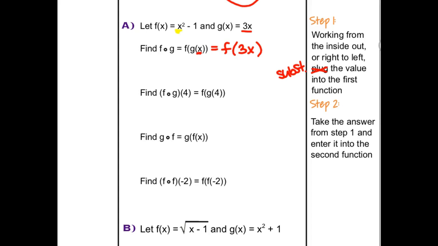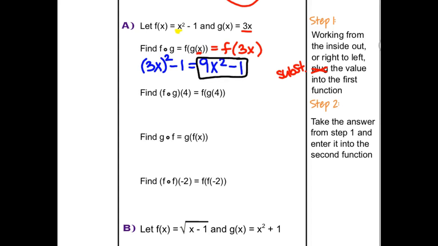So x squared becomes 3x squared. I like to put parentheses around whatever I'm going to be replacing, so then I can go back and fill it in. Minus 1. So 3x all squared, we have to square the 3 and square the x, that's 9x squared minus 1. And that is my answer.